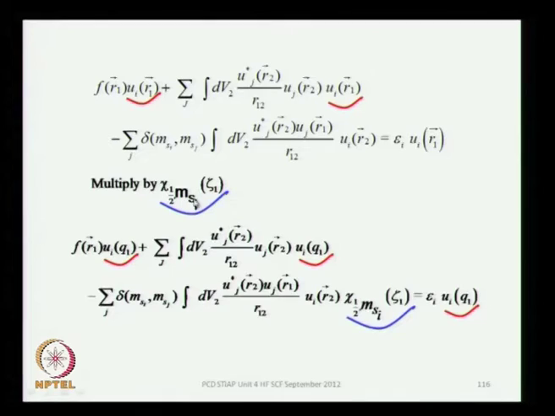So, by multiplying this by the spin function, you get ui q1 here, likewise from this ui r1 you get ui q1 here. On the right hand side, from this ui r1 you get ui q1 here, and here you have multiplied it by this spin function which I have written as it is.